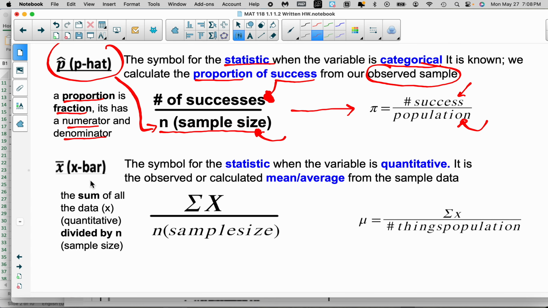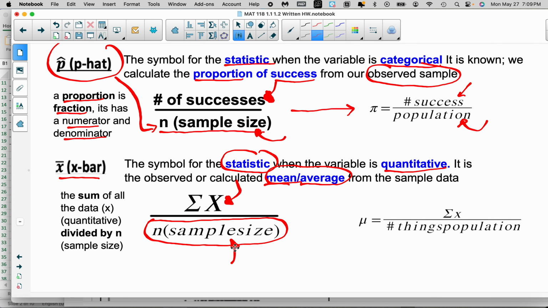When we talk about X bar, remember that is the statistic when the thing that we're interested in is quantitative, meaning it's data that we can actually do a calculation on. We can calculate the mean or average from that data. So when we take our sample, we take a sample of some subset of the population. We add up all those quantities, say it's the weight of each individual thing, say it's time, and we divide by how many things we sampled.